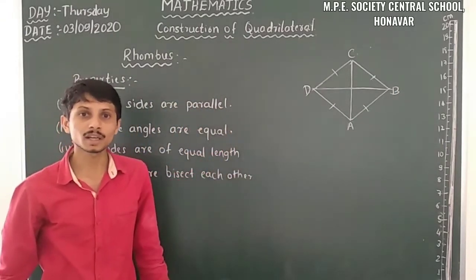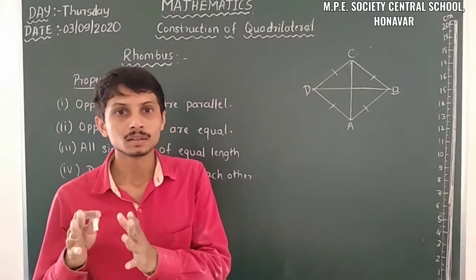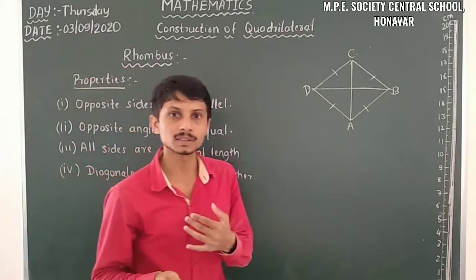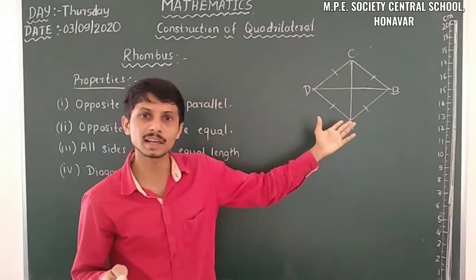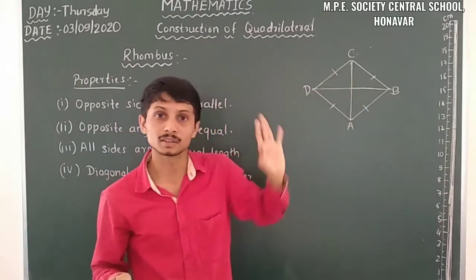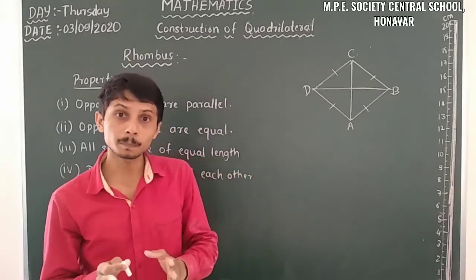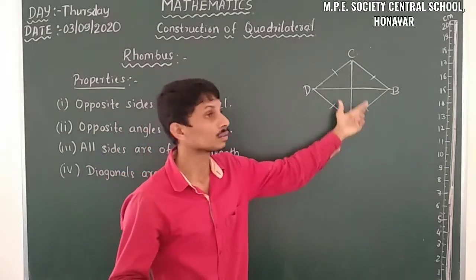So let us move on to the construction part by taking some given measures. When we are taking the rhombus, it is essential to have the lengths of the 2 diagonals. From the 2 diagonals only we can construct, because we drew the initial part here.